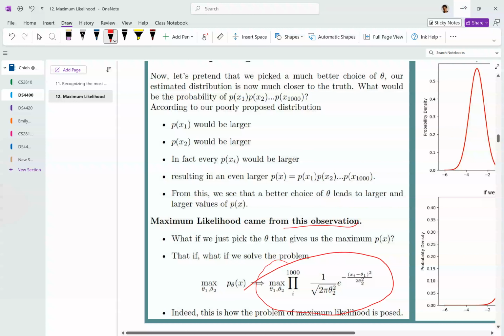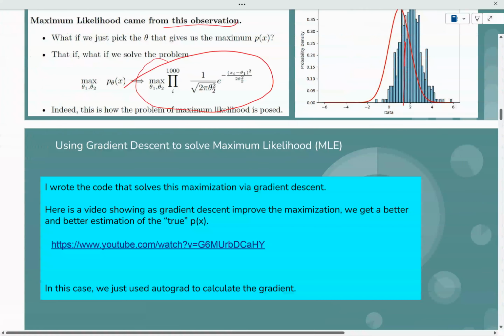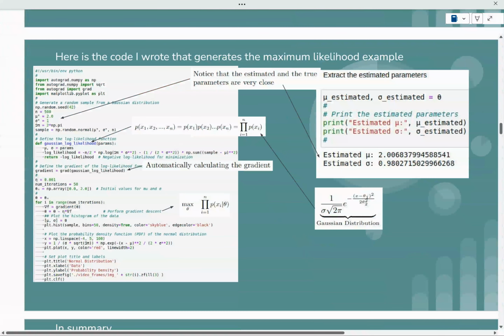And you can see that little by little, it's maximizing the joint likelihood, implying that you're getting a better and better prediction. Okay. So I'm going to pause this. Let's continue. All right. So this is the code that allowed me to generate that. You can check it out when you have the chance.